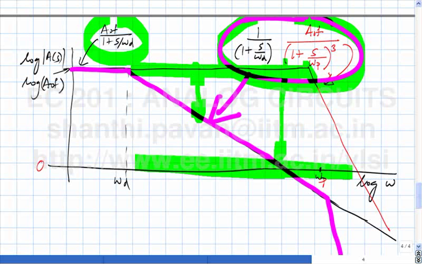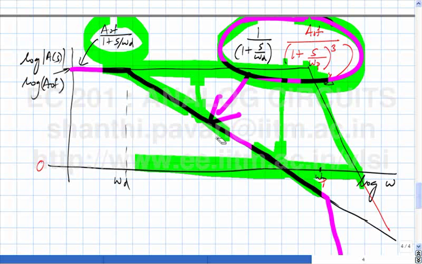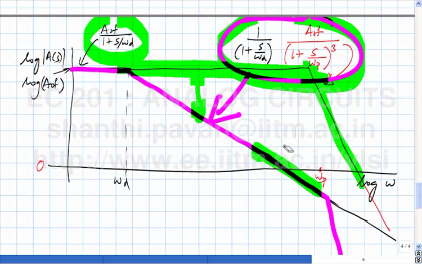Earlier the loop gain would be very flat up to a very large frequency and then fall off very rapidly. What we have done is now make it approximate a first order system so that we make the closed loop system stable. But what we have lost in the process is the fact that the loop gain, which was much higher over this frequency range before, is now much lesser. The loop gain function is now this, the magenta curve. Does it make sense?